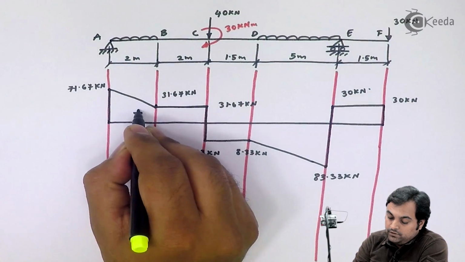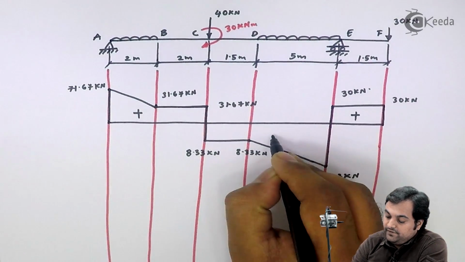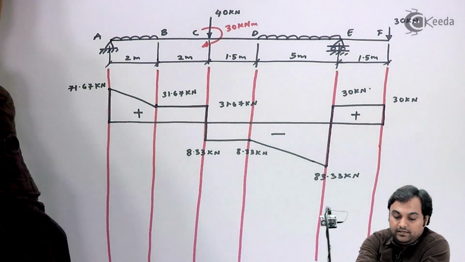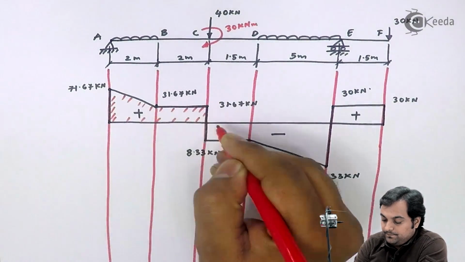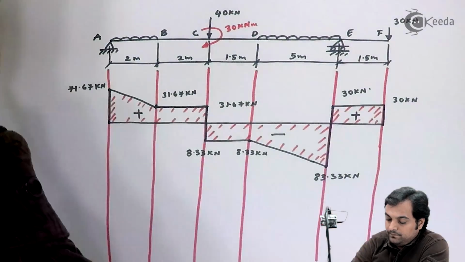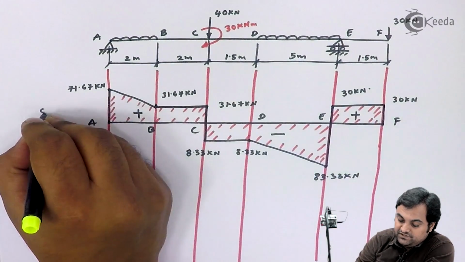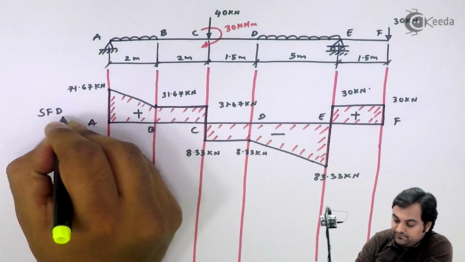So now here I have positive and negative sign above the line and below the line respectively. So this is the shear force diagram which we have.